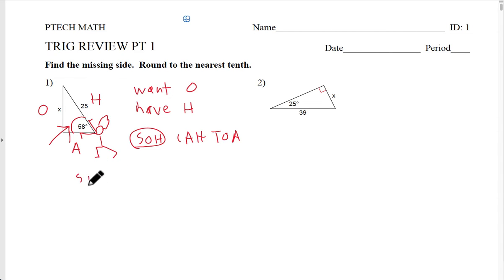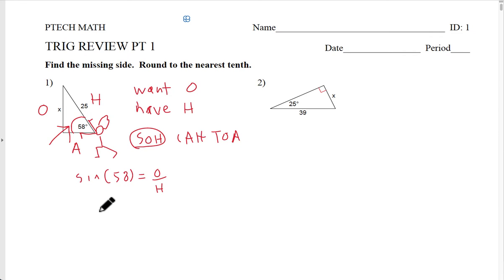Bet. So once we have that, now let's go and fully solve. So it's going to be the sine of 58 degrees is going to be equal to opposite over hypotenuse. But then now I'm going to plug in the actual values for that, right? So sine of 58 degrees, I'm going to go to my calculator, and I'm going to plug that in. Of course, double check your calculator, make sure it's in degree mode.